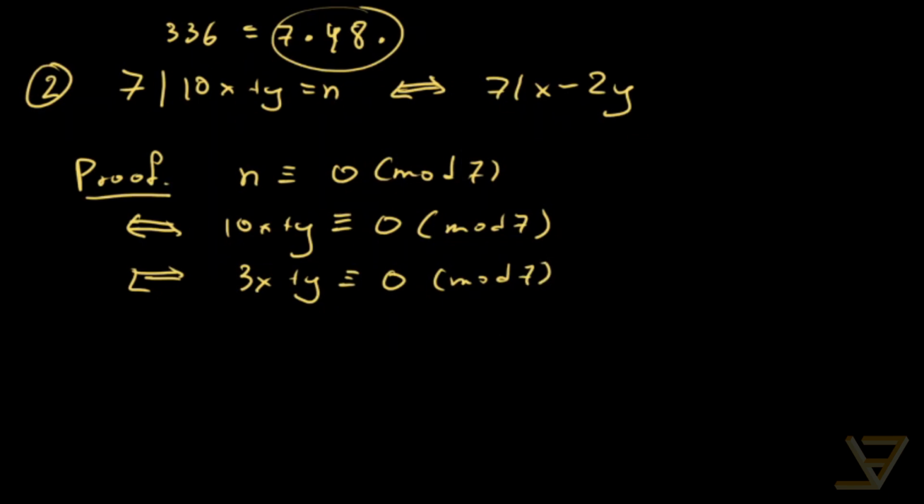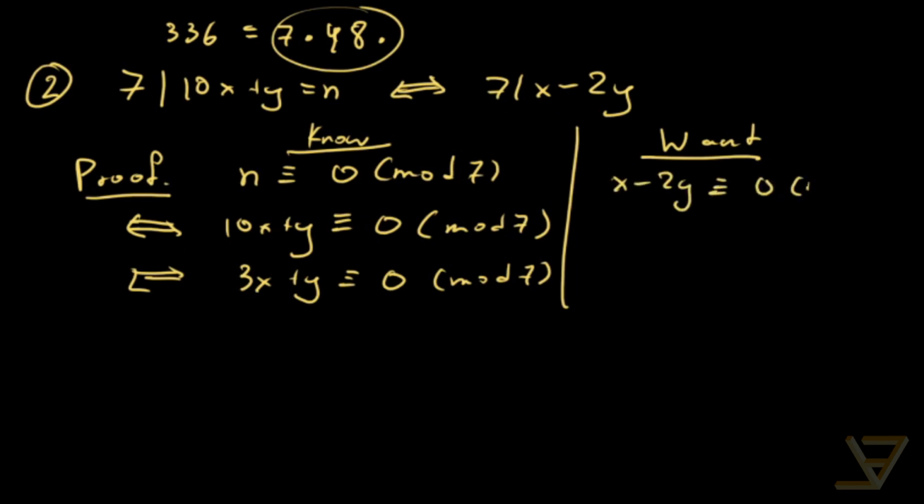Okay, so this is what we know so far. Let's do another column, which is what we want. I'm going to work backwards a bit. So what we want is x minus 2y congruent to 0 mod 7. That's true if and only if x plus 5y is congruent to 0 mod 7.